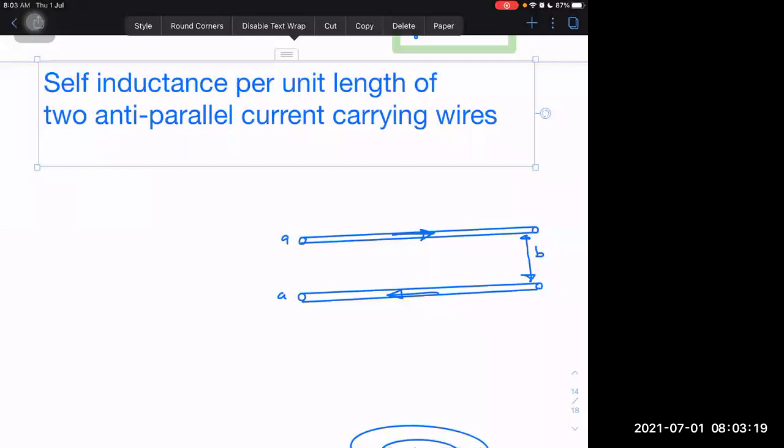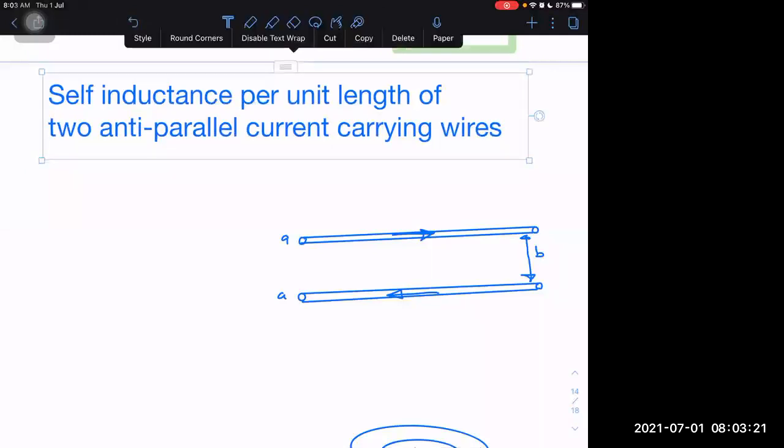For two things we say mutual inductance. For one thing we call it self-inductance. Here it is one thing only, or is it two?